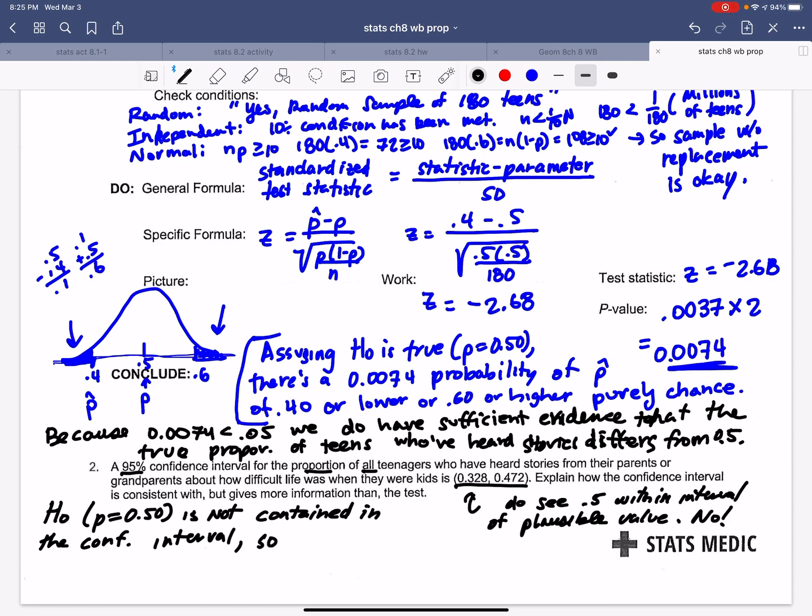So we have to make a decision, and our decision has to be we reject the null hypothesis. That's why we're going to reject that null hypothesis, because the interval gives other plausible values.